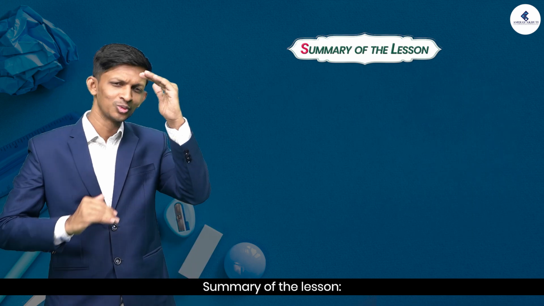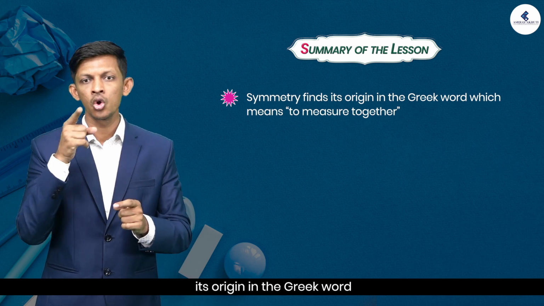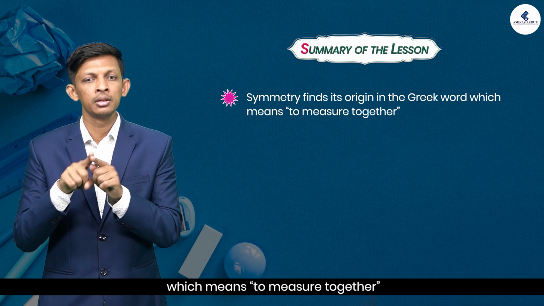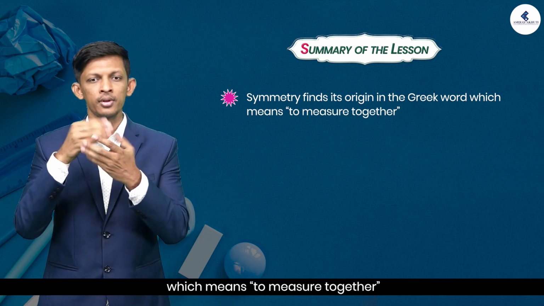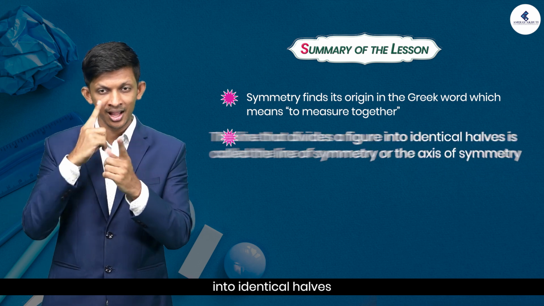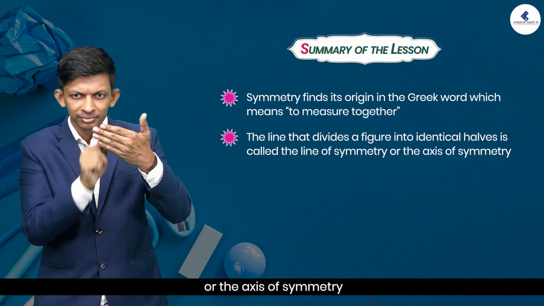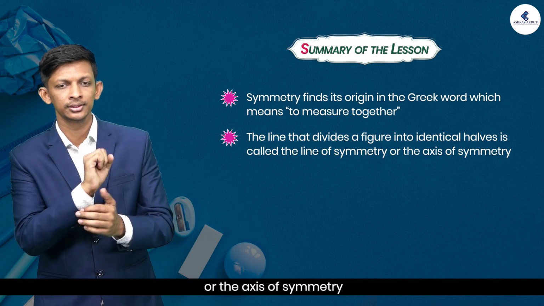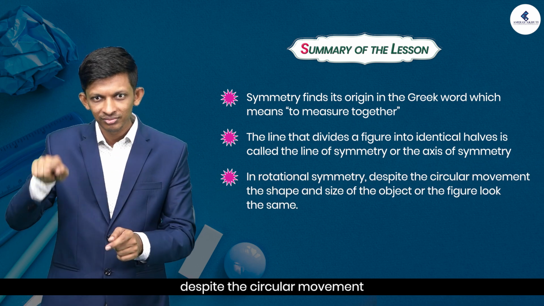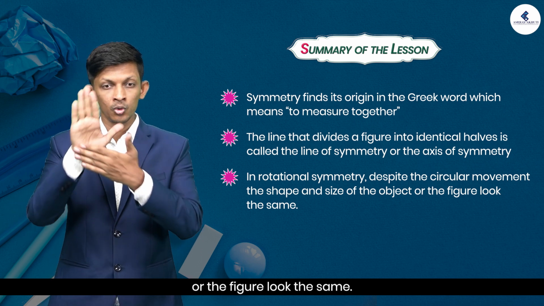Summary of the lesson. Symmetry finds its origin in the Greek word which means to measure together. The line that divides a figure into identical halves is called the line of symmetry or the axis of symmetry. In rotational symmetry, despite the circular movement, the shape and size of the object or the figure look the same.